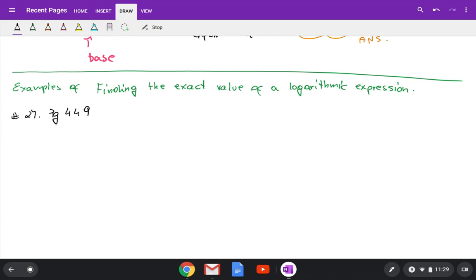Okay, so you need to find the exact value of logarithm of base 2 of 1 equal to what? Okay, so you have to think that way. Log base 2 of 1. Let's go back to the definition of logarithmic function.